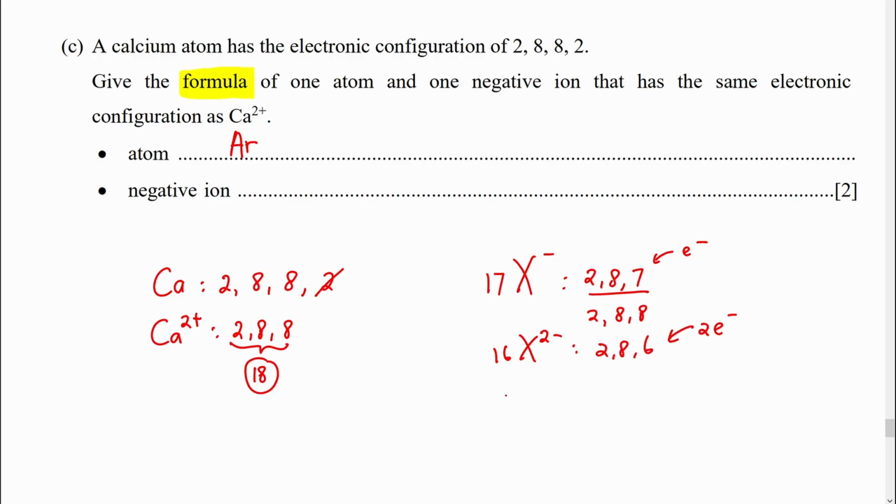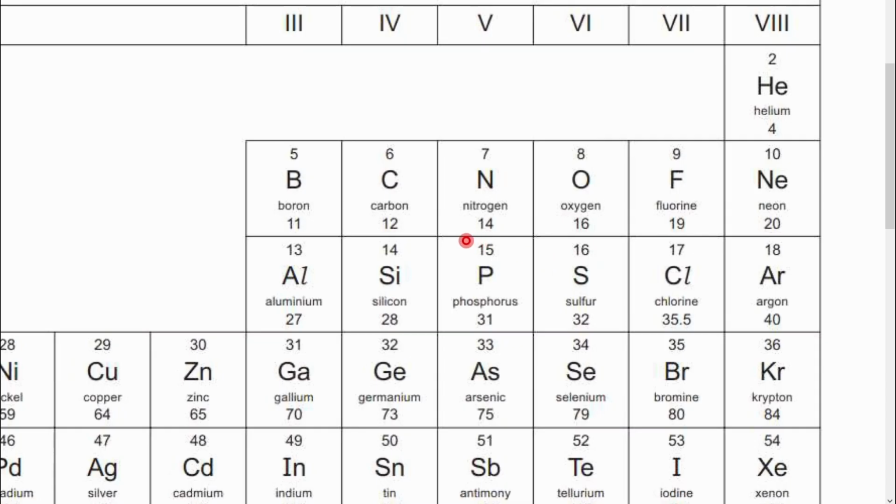Or maybe you can use 15. The charge here is 3 minus, so it's 2,8,5 and you receive 3 electrons. After they become ions, they will have the same electronic configuration, which is 2,8,8. So in this case, you can use 15 phosphorus, 16 sulfur, or 17 Cl.